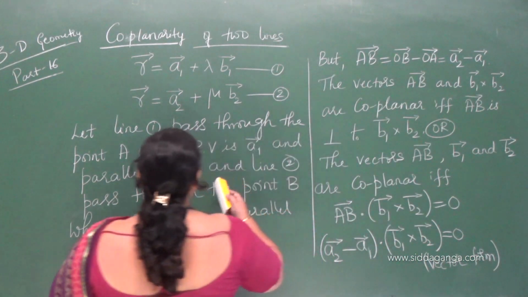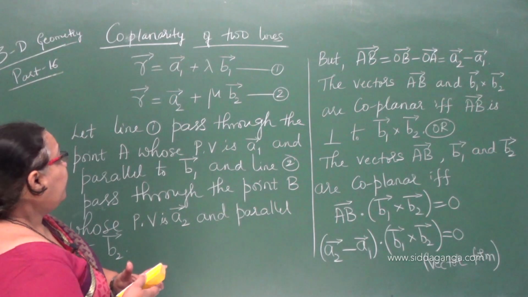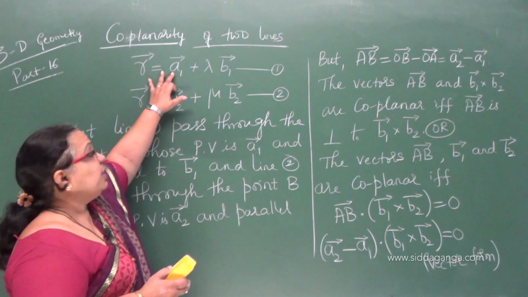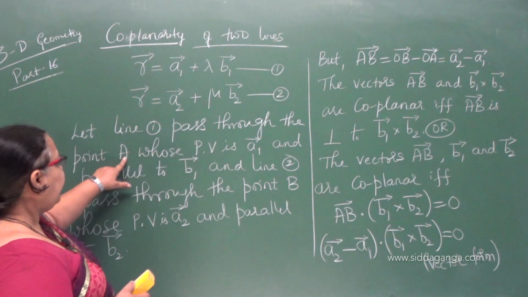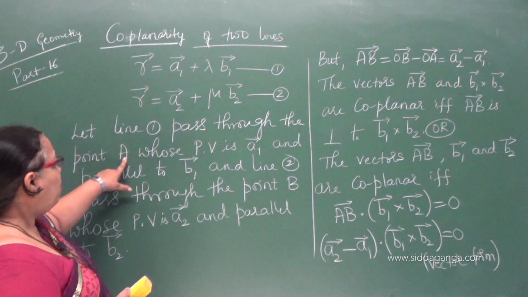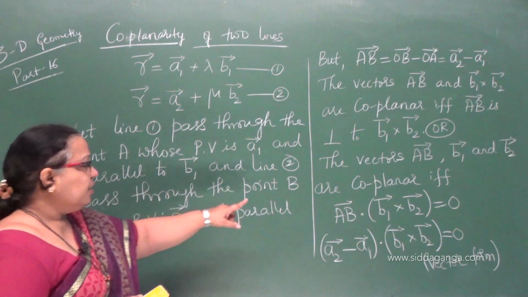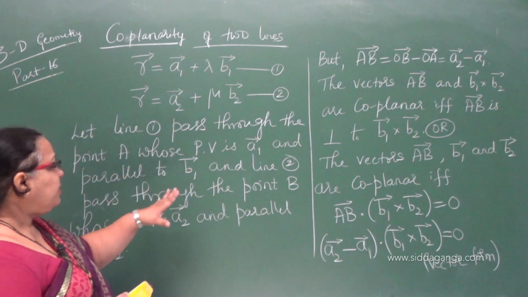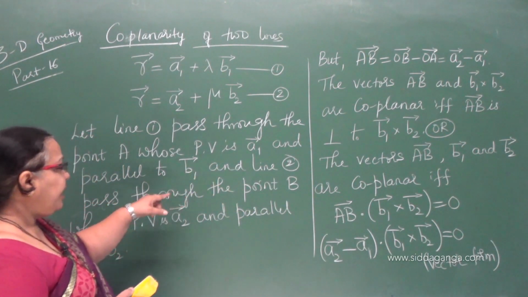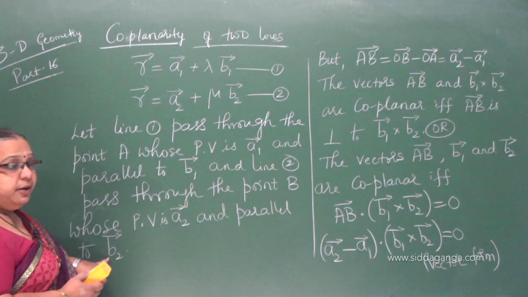So to write in the Cartesian form, A1 vector is a point, where it passes through the point A, we have to take the coordinates of the point A as well as the coordinates of the point B, and we have to consider the direction ratios of vector B1 and vector B2.